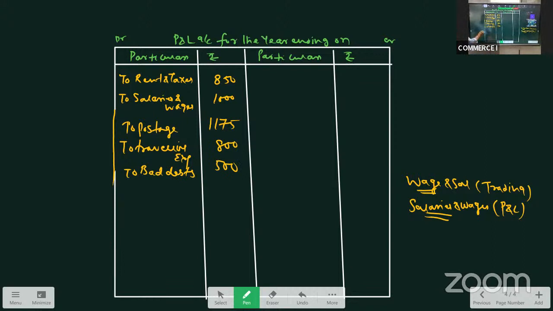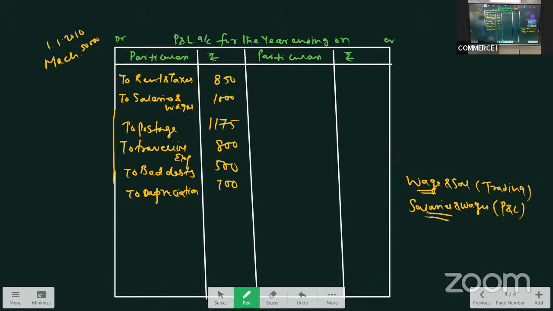Then we have depreciation. Now, what is this depreciation? Depreciation is the decrease in the value of a fixed asset. Suppose we are having machinery on 1st January 2010, its value is 50,000. Obviously, by the year end, it will not remain 50,000.